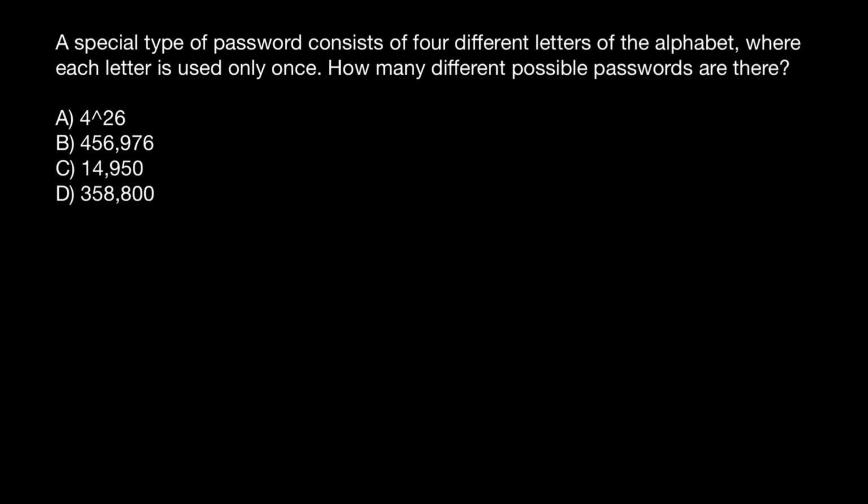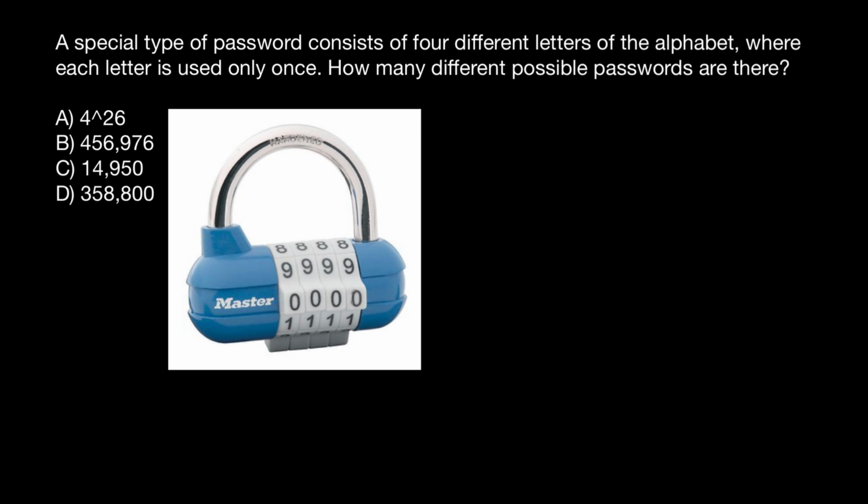First of all, let's define what combinations and permutations are, and this picture will help me to explain. As you know, we call this lock a combination lock, but actually we have to call it a permutation lock because the order of numbers which we put here matters. For example, take a look.